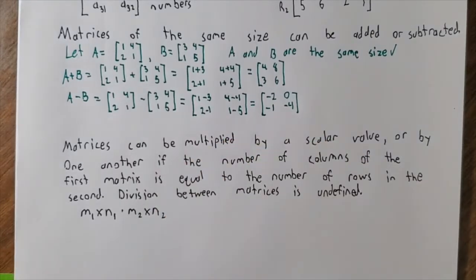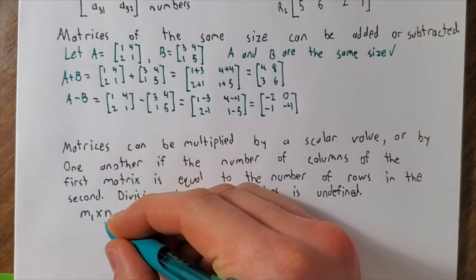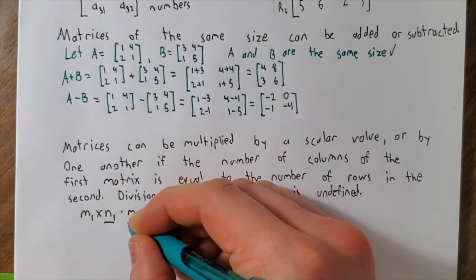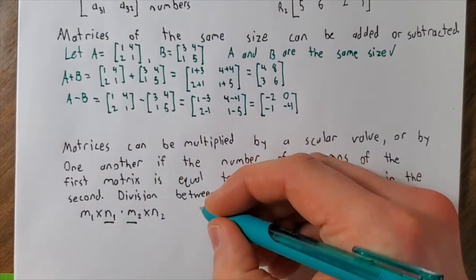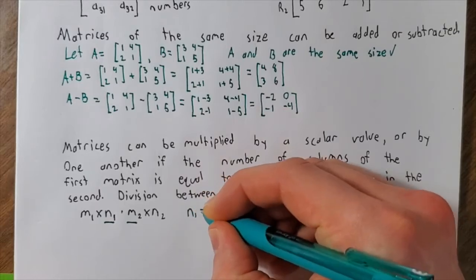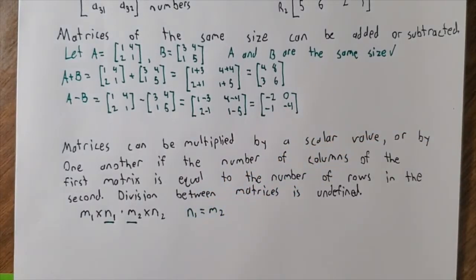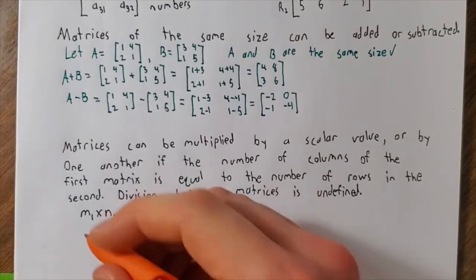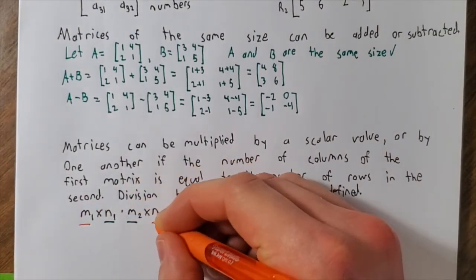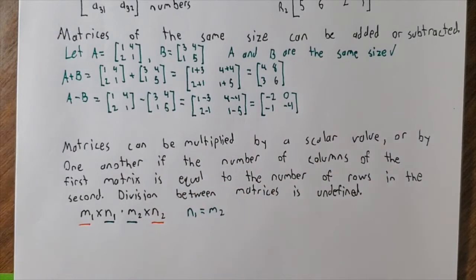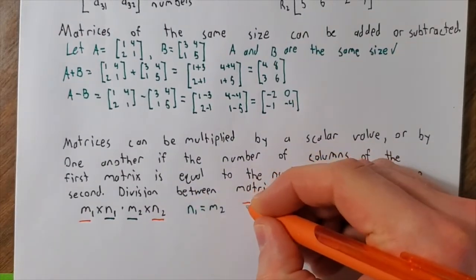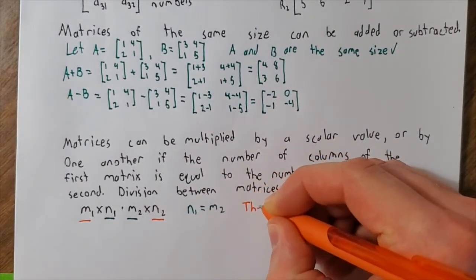What we want to have happen here, we want the number of columns in that first matrix to equal the number of rows in the second matrix, so we want N1 to equal M2. And if we look at our outer terms here, our M1 and our N2, we can say the resulting matrix has those dimensions.